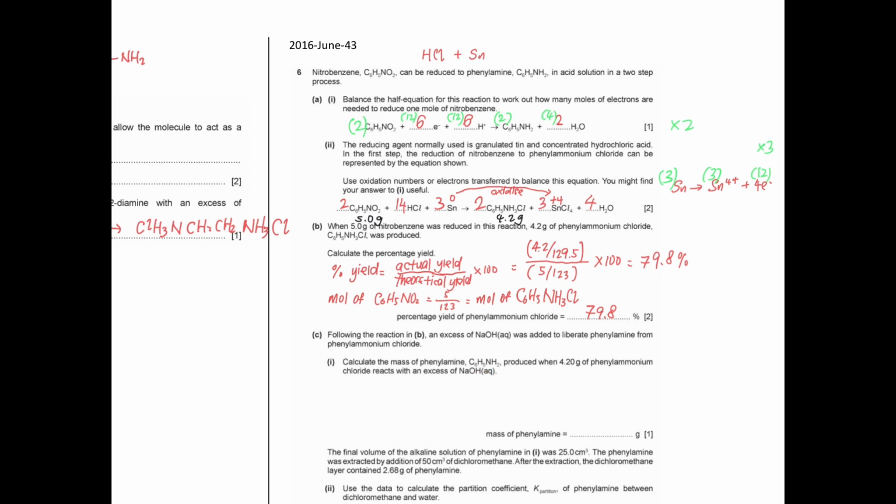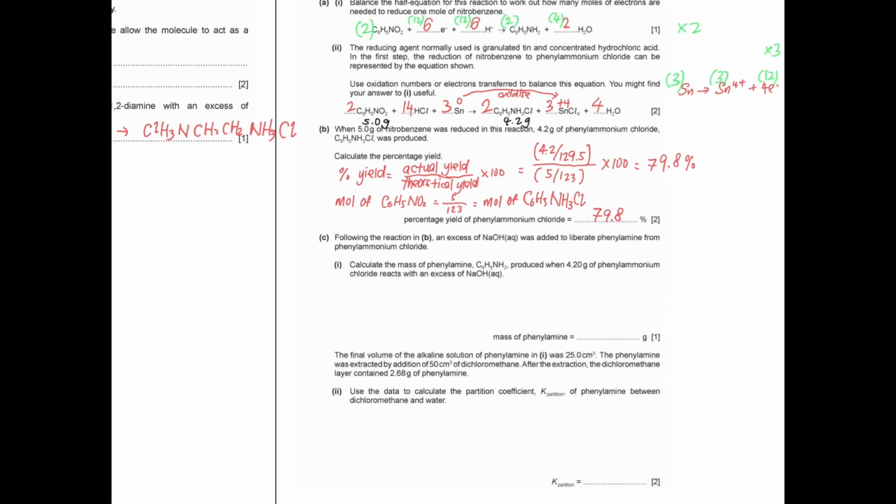Okay, so to do this, we need the equation first. C6H5NH3Cl react with NaOH. So it forms C6H5NH2 plus NaCl plus H2O. Okay, so they form this, and the equation is already balanced straight away.